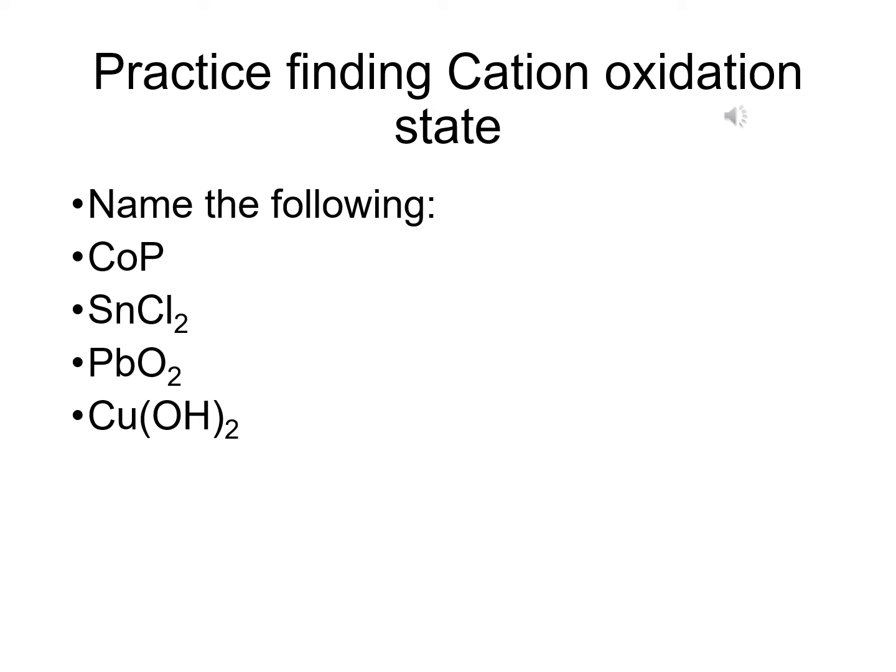Each of these cations can have multiple oxidation states, and this type of practice is important. Remember, you're going to use the charge on the anion, and you have to consider how many of that anion you have as well. Go ahead and work through that, and when you've finished, you can click to the next slide and we'll go through each one.